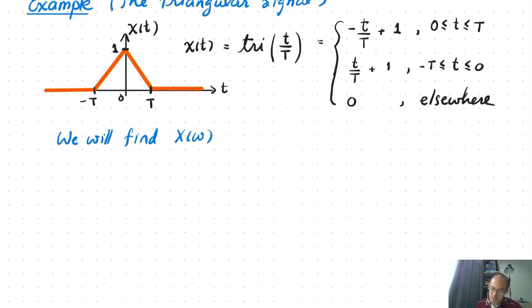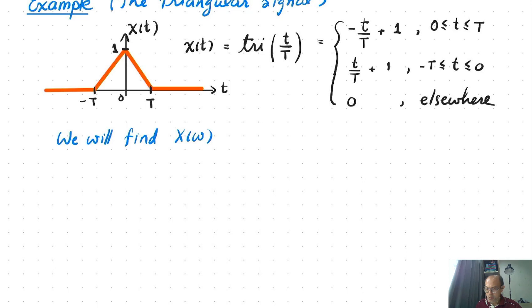If we try to do it directly using the definition of the Fourier transform, then we would have to do integration by parts, which is not particularly appealing because it is rather complicated.